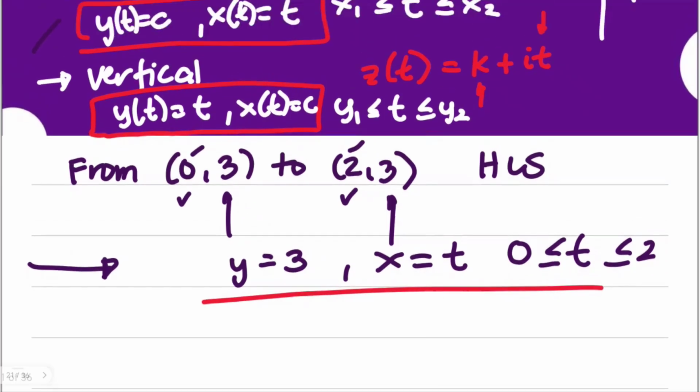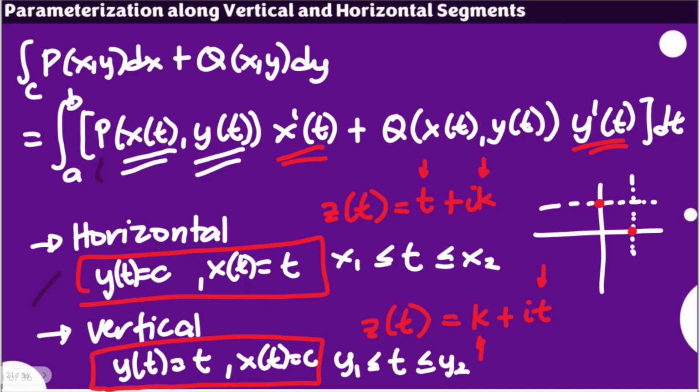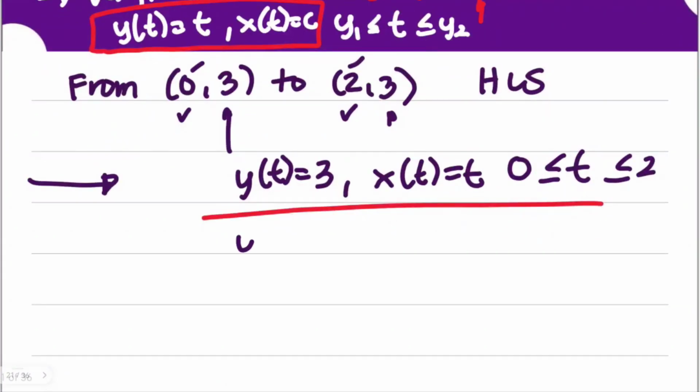That would mean y of t is 3 and x of t is t. These are what you're going to substitute in your function here and here. What you need more is the first derivative of y of t, which is 0, and the first derivative of x of t, which is 1.